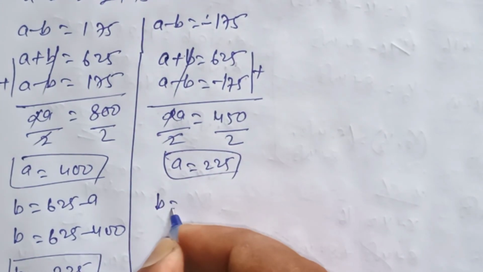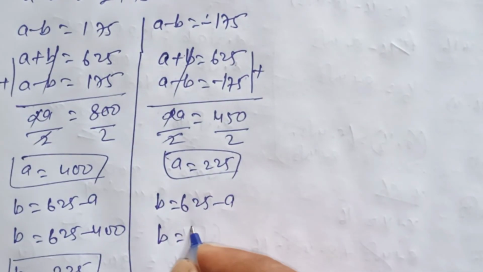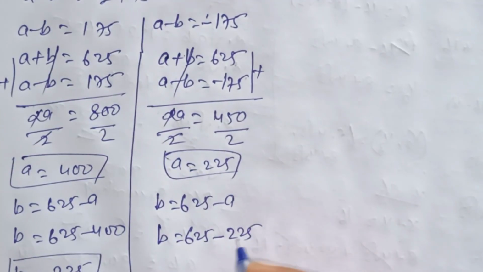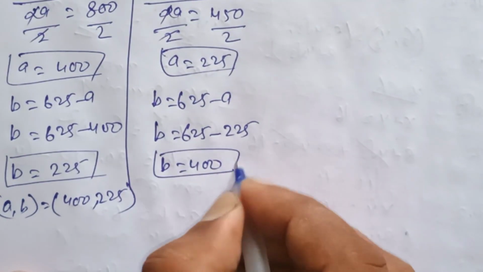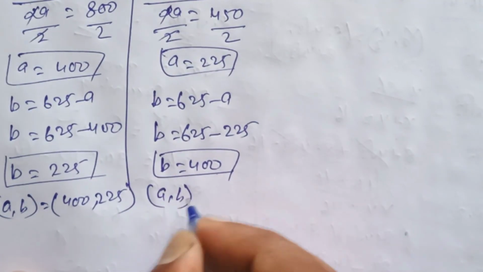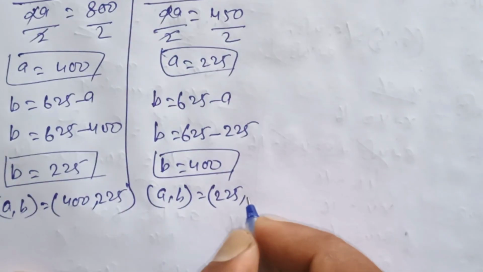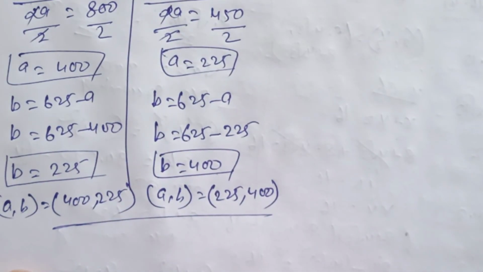Therefore b is equal to 625 minus a value 225, so b is equal to 400. Here the a, b values are a is 225 and b is 400. This is the final value of this nice algebra math problem.